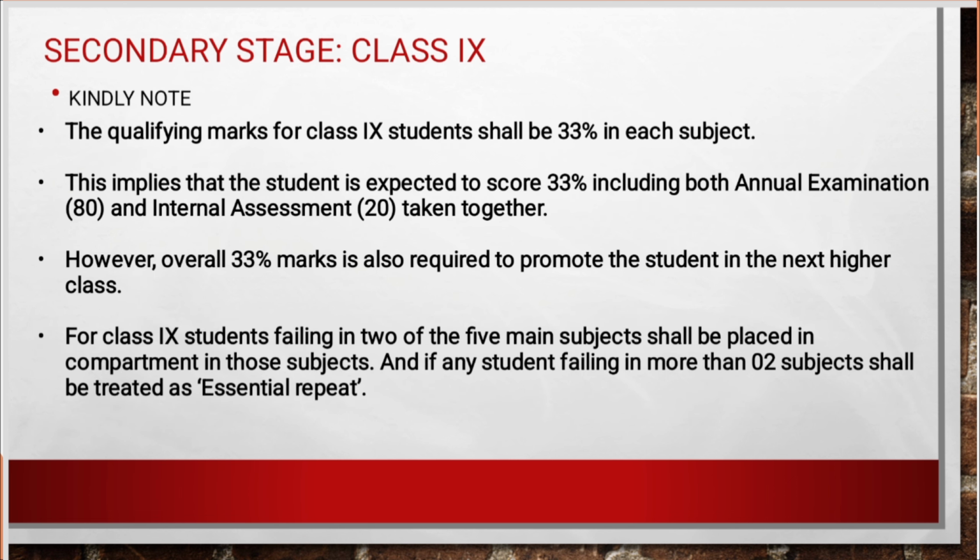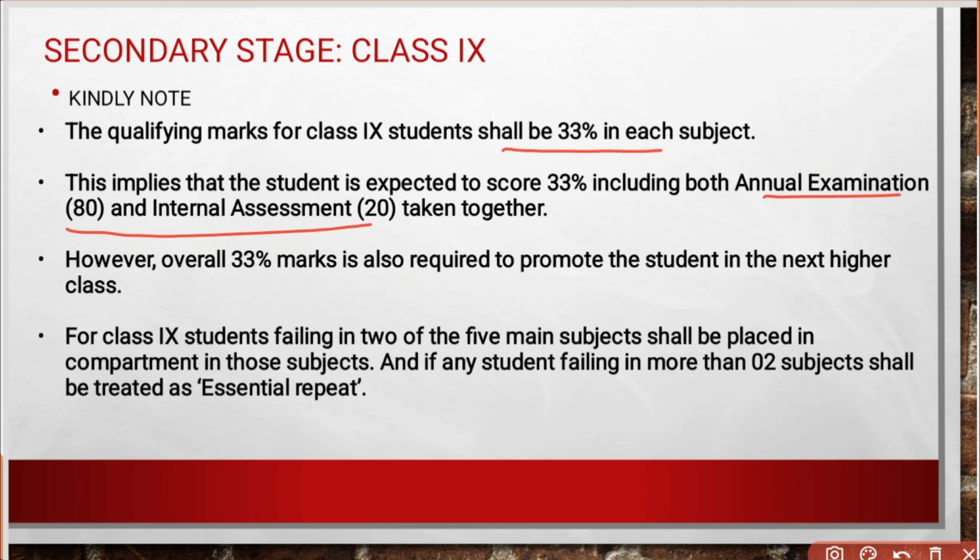Then let us see the passing criteria for class 9. For class 9, they should get 33% in each subject. This 33% should include both annual and internal assessment. Both means out of 80 plus 20, 100, they should get 33.